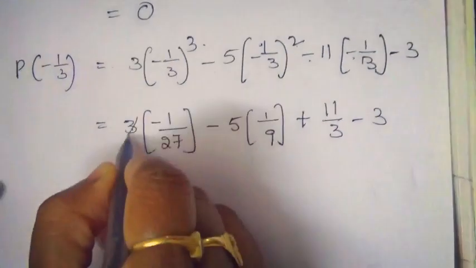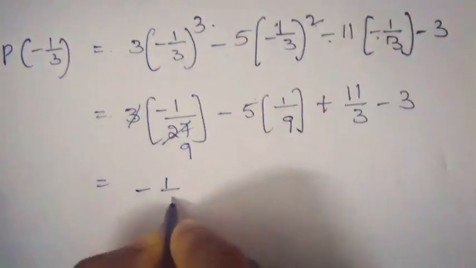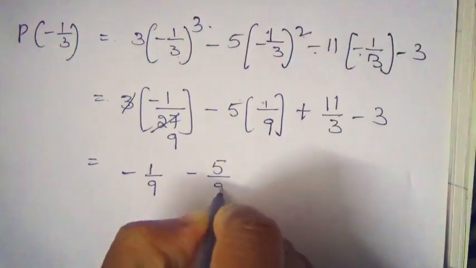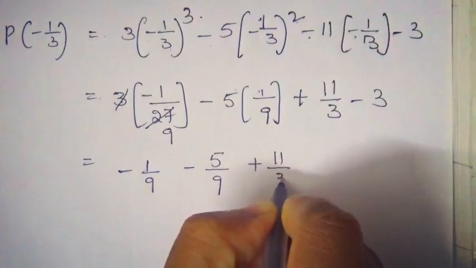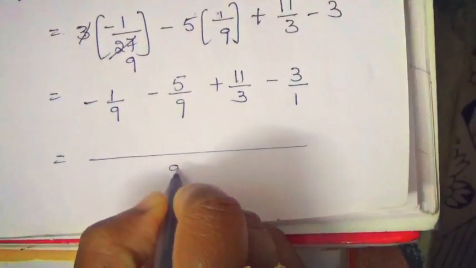Here you cancel this 9: minus 1 by 9 minus 5 by 9 plus 11 by 3 minus 3. You do the LCM of all, which is 9.